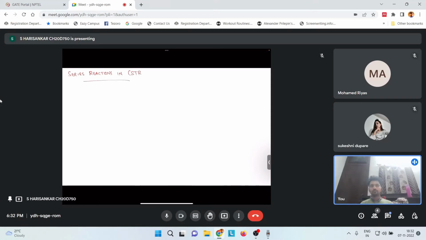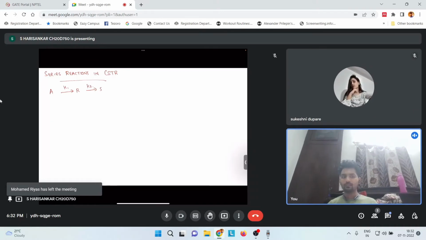Okay, so the same reaction, A gives R gives S, with k1 and k2. Now we are not going to derive the whole thing again, but I'll just give you the formulas of how we can arrive at the t optimum for series reaction. And here t optimum can be represented as tau optimum.